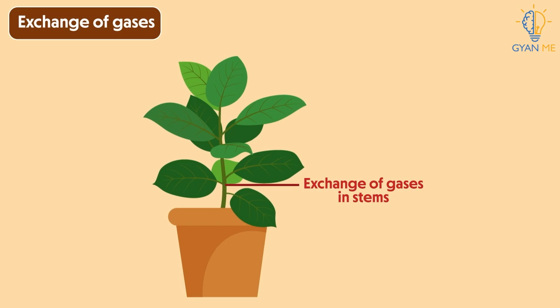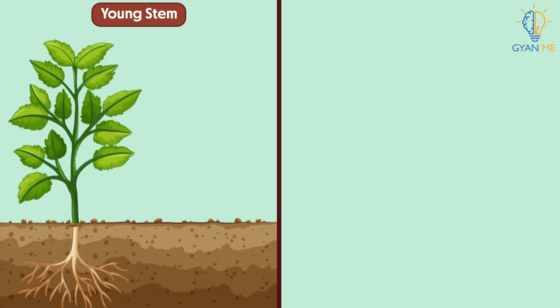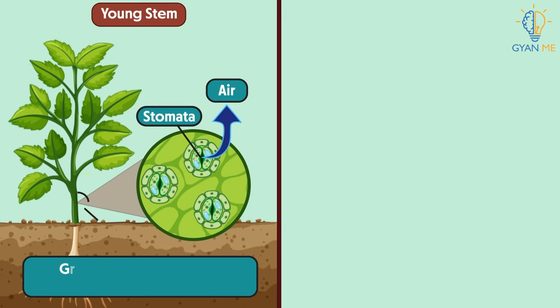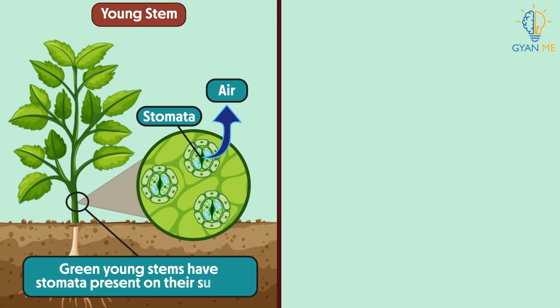So now let us see exchange of gases in stems. In case of young stems, the air from the stomata diffuses out and moves through different parts of the plant for respiration. Yes, you heard it right. Young and green stems have stomata present on their surface, and so these stems can breathe in through them.